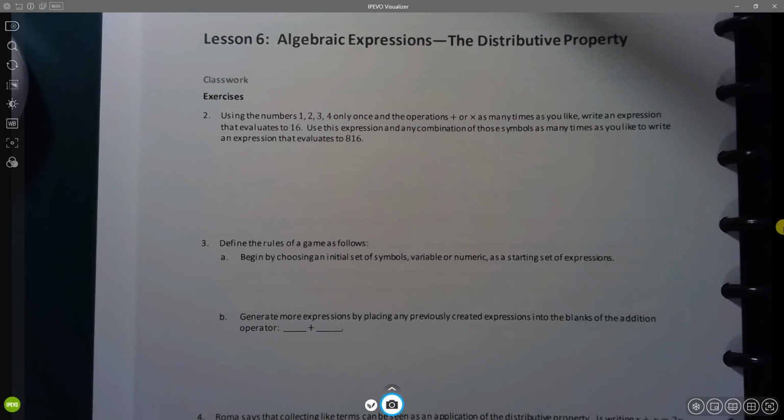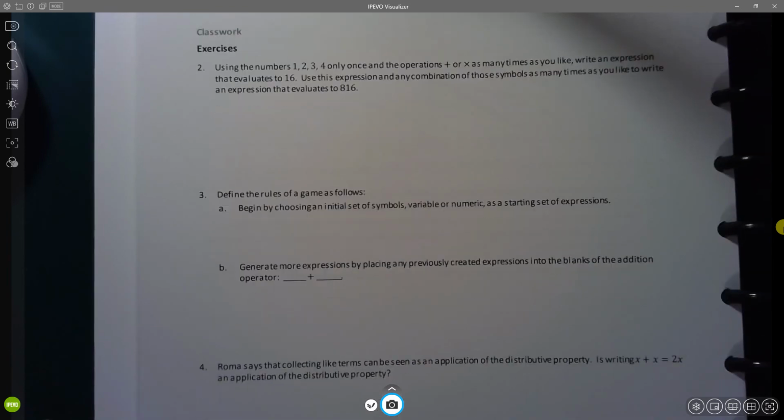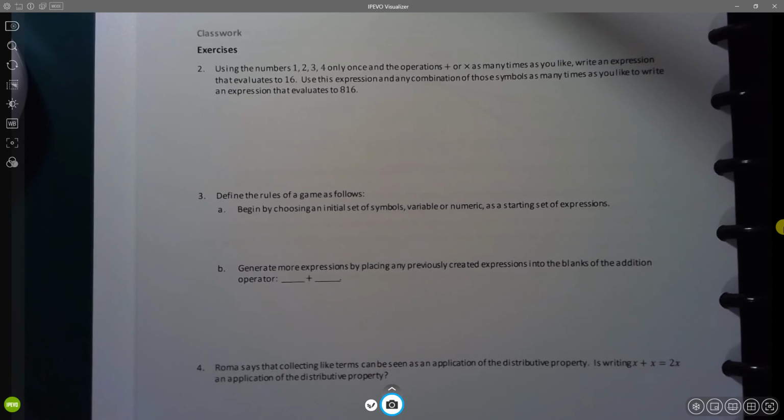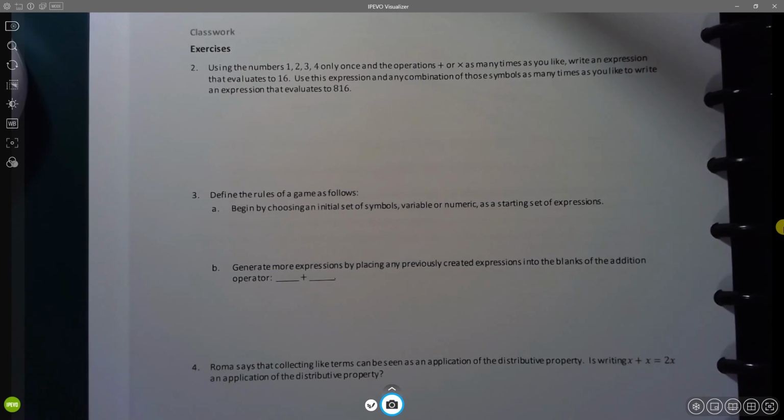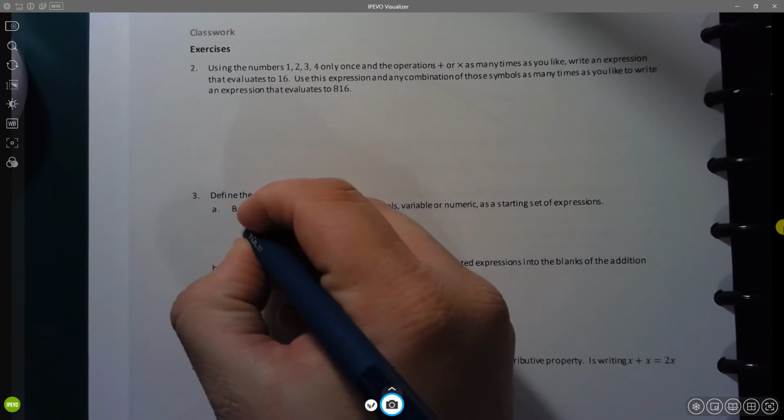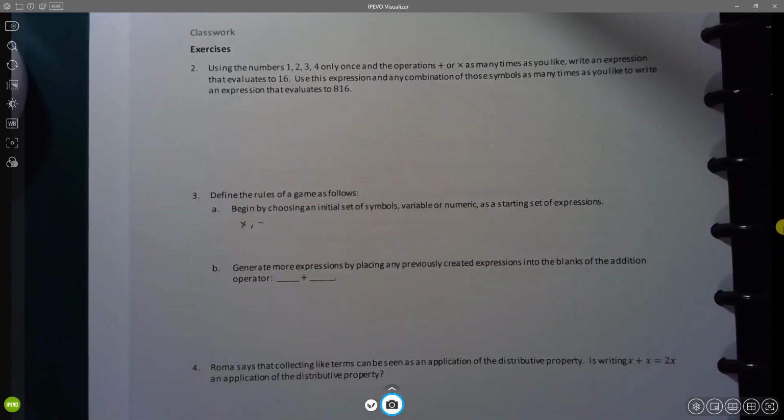Question number 3. Define the rules of a game as follows. Begin by choosing an initial set of symbols, variables or numeric, as a starting set of expressions. Generate more expressions by placing any previously created expressions in the blanks of the addition operator. So you can begin by choosing an initial set of symbols, something like multiplication and subtraction, variable or numeric.